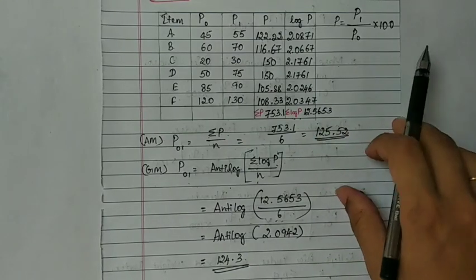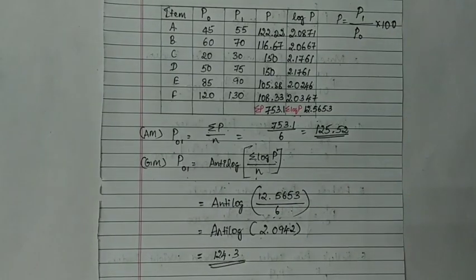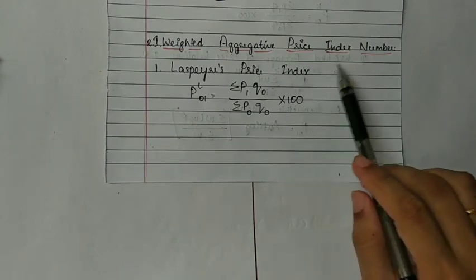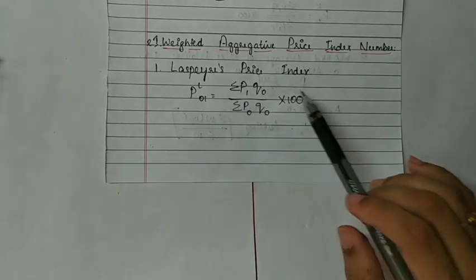So now let us go for the next one, that is weighted index numbers. Under weighted index numbers, the first method is weighted aggregative price index number. In that the first one is Laspeyres price index.